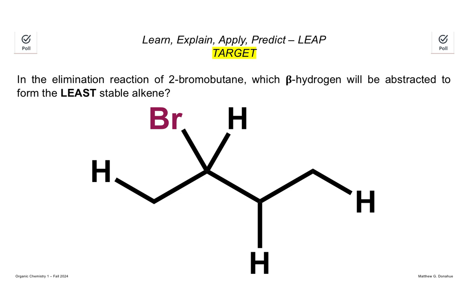So we took butane, we made 2-bromobutane, alkane. And so let me get this oriented the way I want here. So the big purple one is the bromine. Here is the beta carbon, that's methyl.